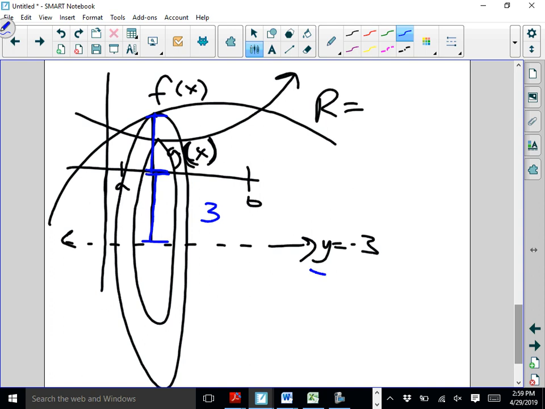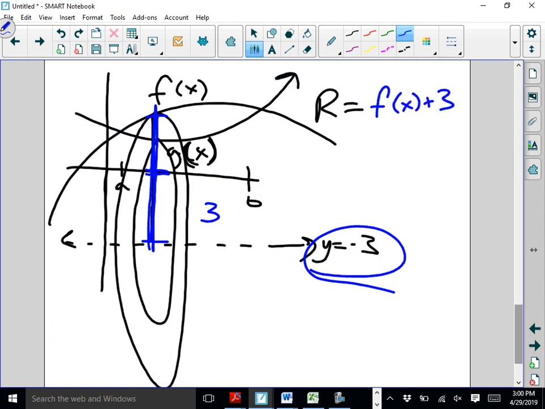So this entire big radius is always going to be f of x plus 3. My little radius will be this distance, which is g, and this distance, which is 3 again. So my little radius here will be g of x plus 3.